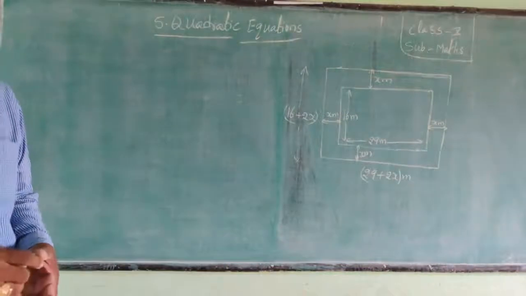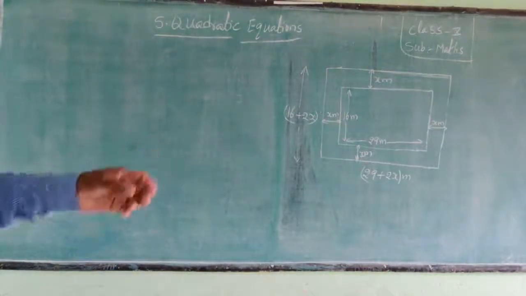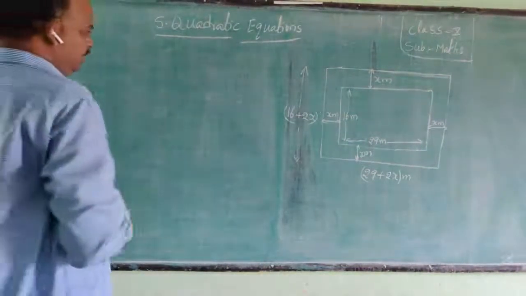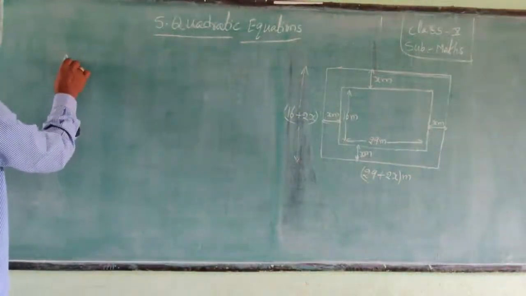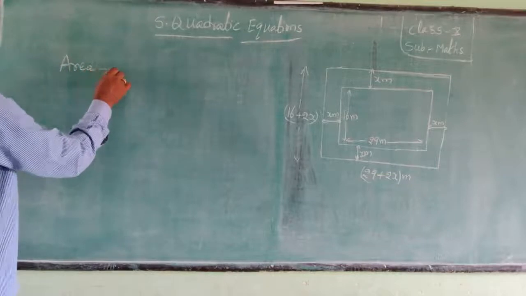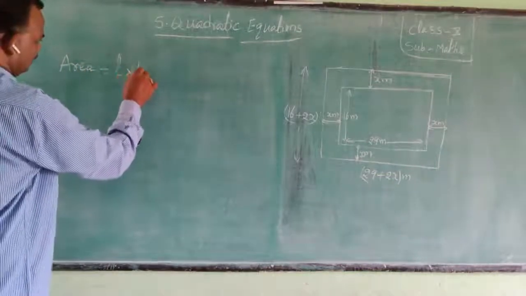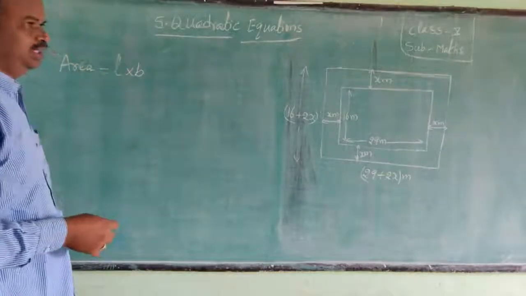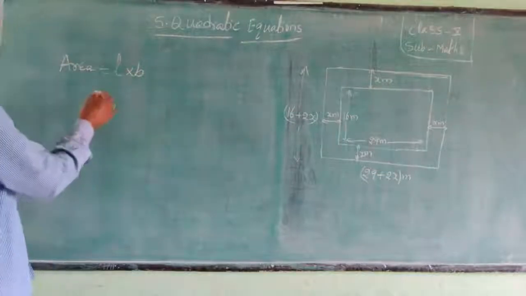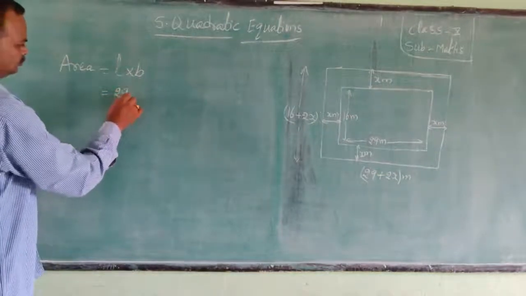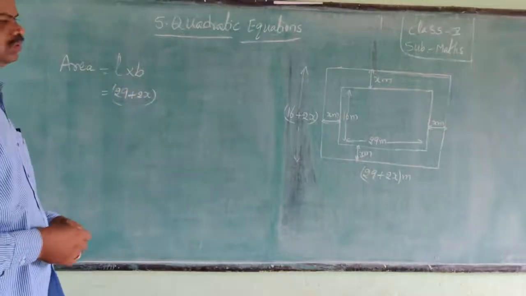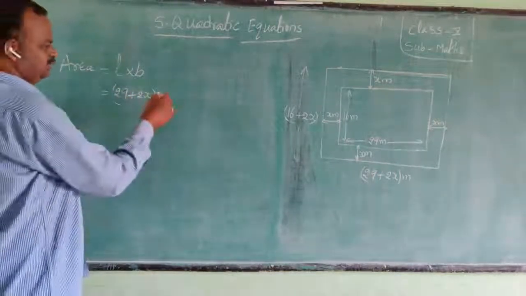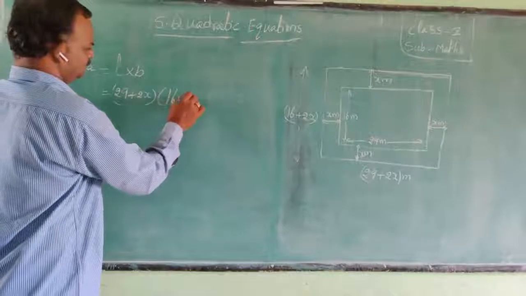The area of the rectangular plot is length into breadth, where the length is 29 plus 2x and the breadth is 16 plus 2x.